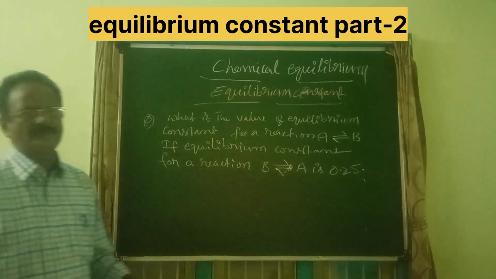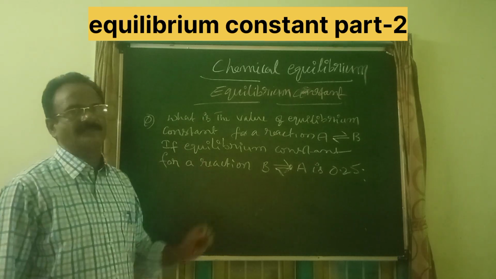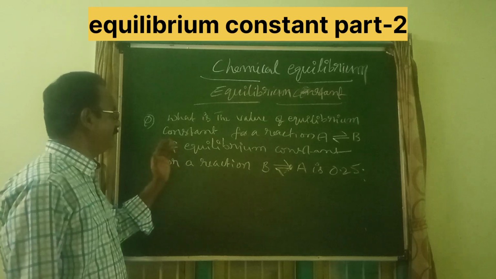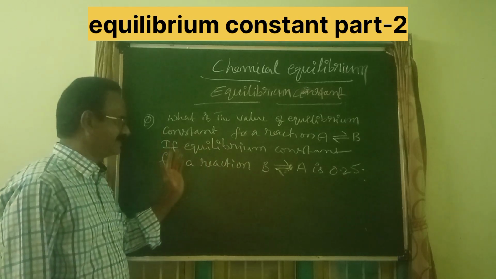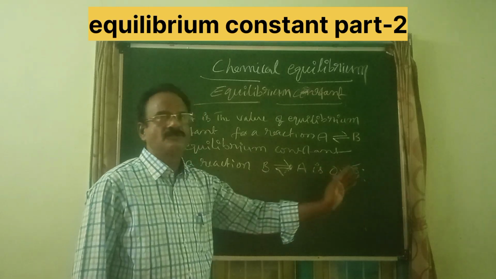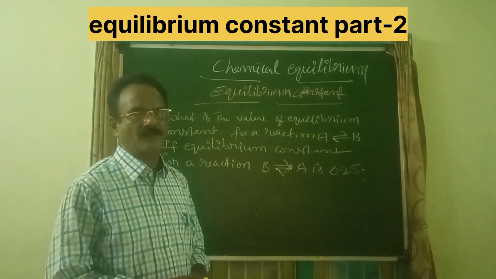If the question is like this, what they ask you is the value of equilibrium constant for the reaction A gives rise to B if the equilibrium constant for B gives rise to A is 0.25. Is it clear? Now let us solve this problem.